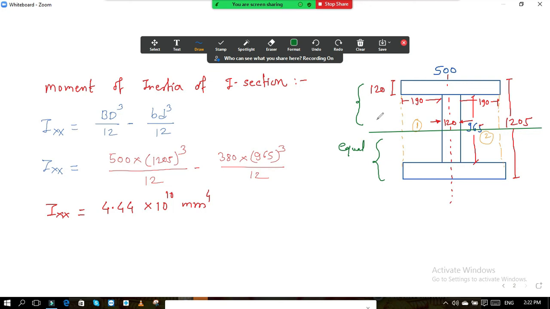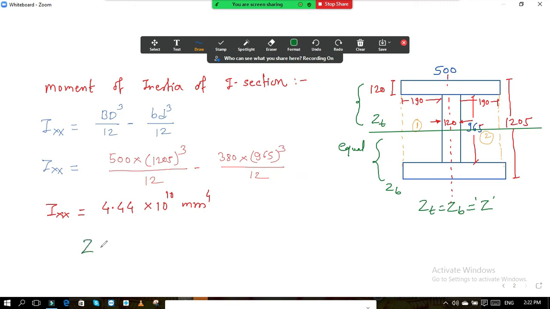Means from the neutral axis moving upward is Z top and at the bottom is Z bottom. Here due to symmetry Z top and Z bottom are equal, which is equal to Z. If it is an unsymmetrical I section, then the distance of the topmost fiber is different and the distance of the bottommost fiber is different. But here it is the same.